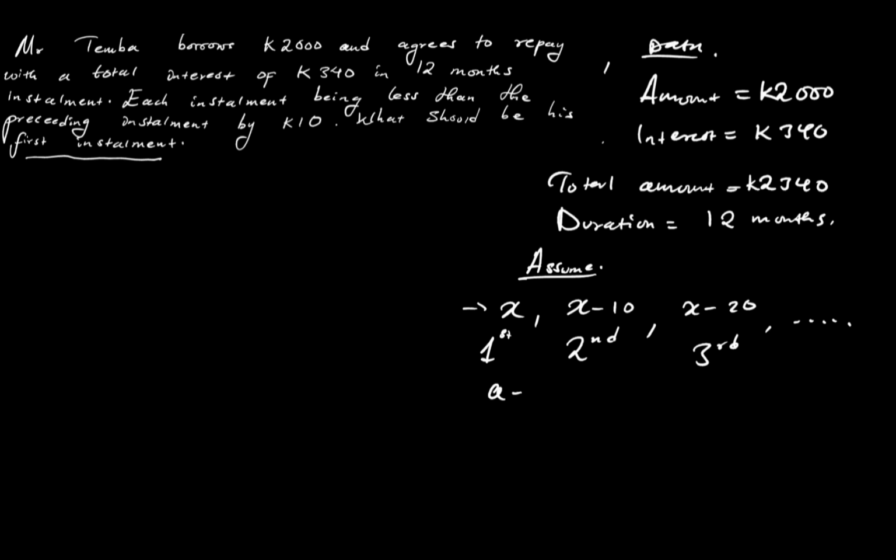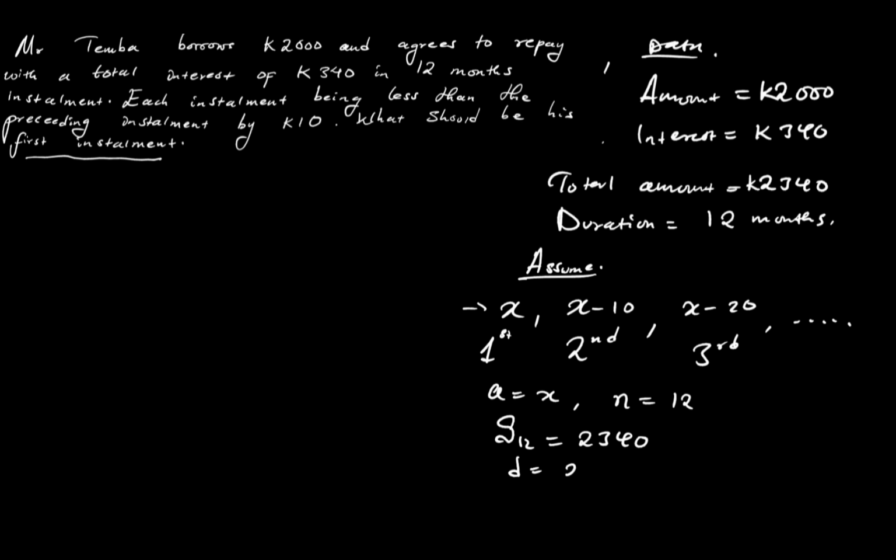So the first term is x, and n should always be the duration that you have in question, which is 12 months. The total amount of money, which is the sum, S sub 12, is equal to 2,340. The common difference can also be found here.